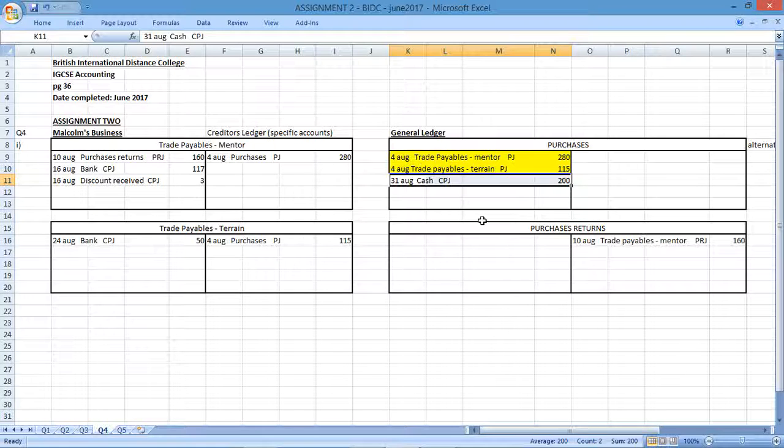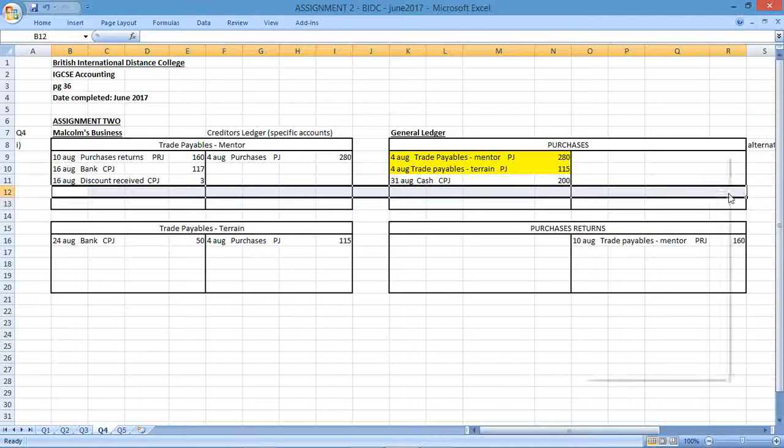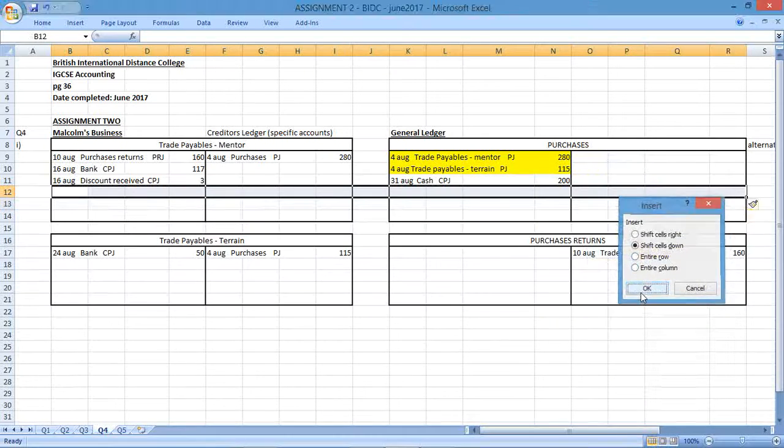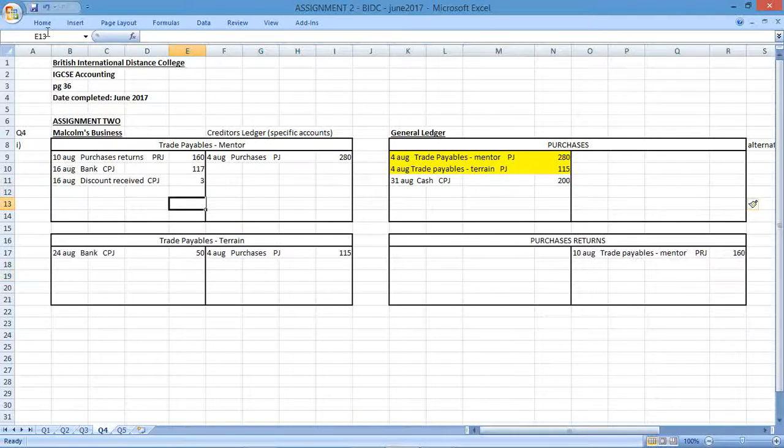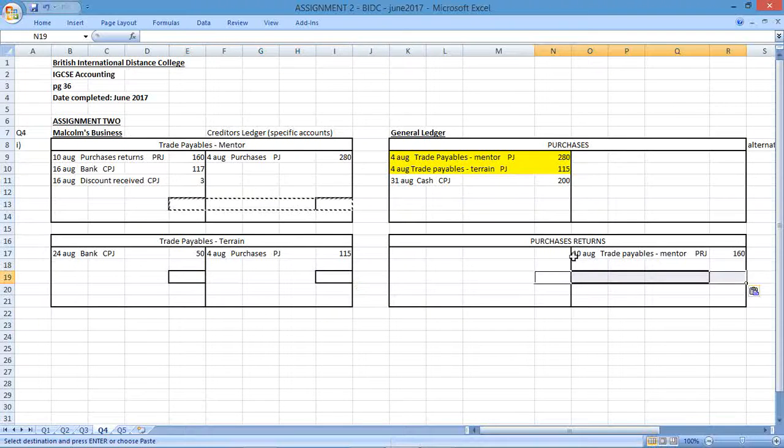Great. Now we just need to balance these accounts off. So purchases, I would sum up. Let's add extra lines here. I'm going to look for totals, which is the biggest side. This side looks bigger than that side.